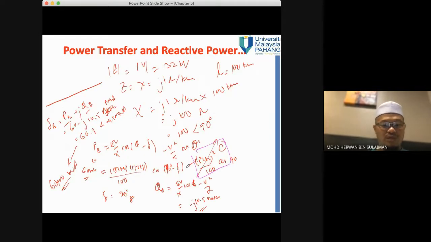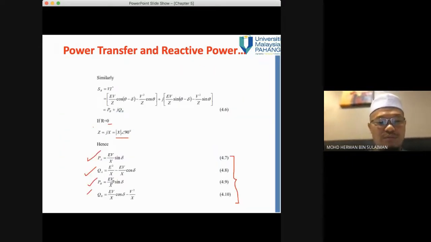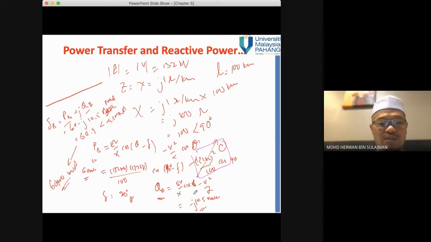From here you have to find the value of Q, using this equation. Where is this equation, it is scattered. We have to try to find this equation: EV over X cos theta. So what remains are the elements EV over X cos theta minus V square over X. We put in the values and we get Q as 10.5 MVAR, and then this is our SB.